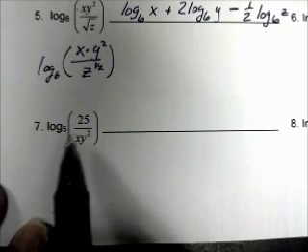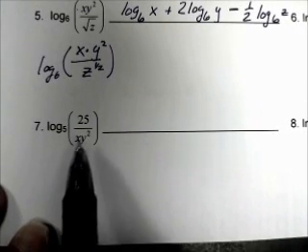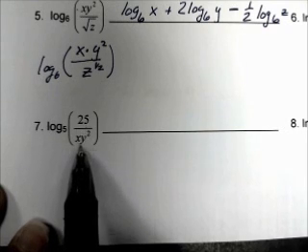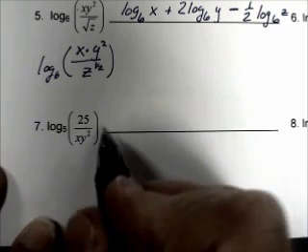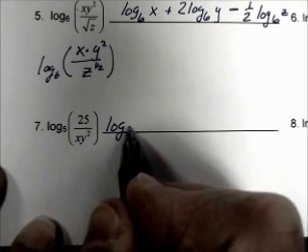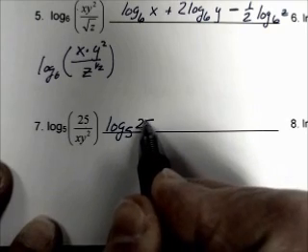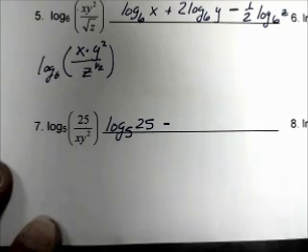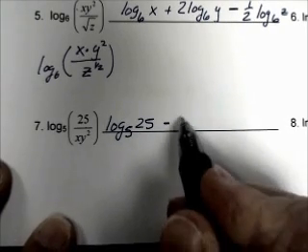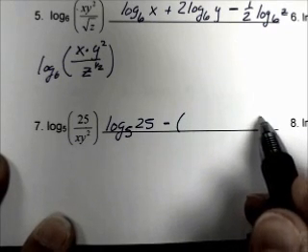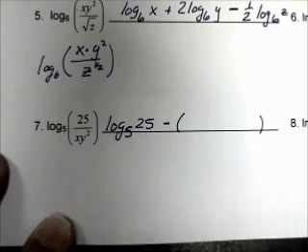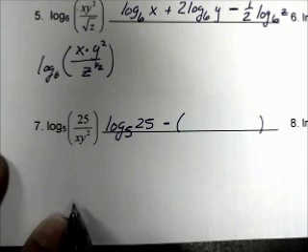Number 7, we have division, and in our denominator we also have multiplication. Okay, so log base 5 of 25, subtract, our denominator has 2 terms there, so let's put this in parentheses.